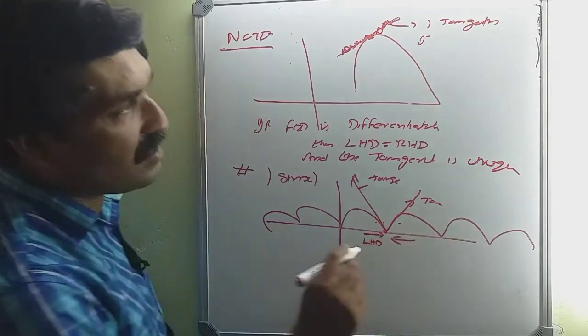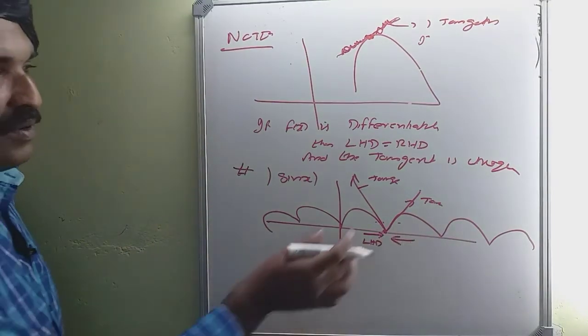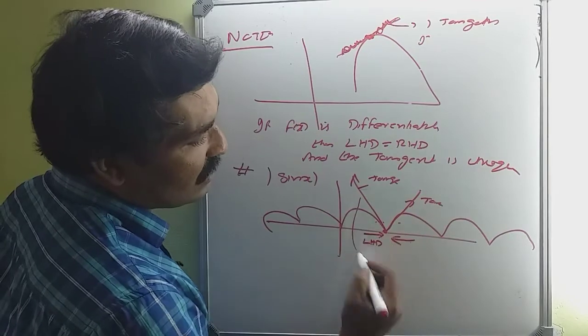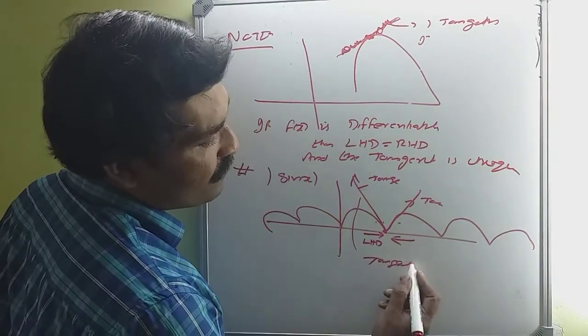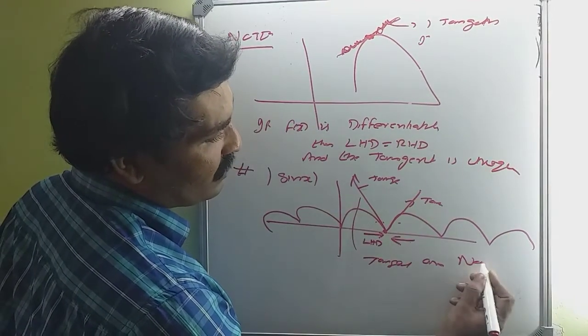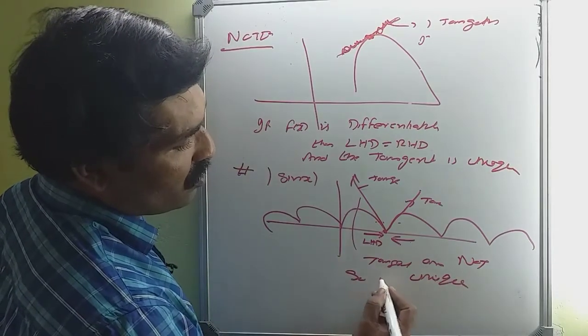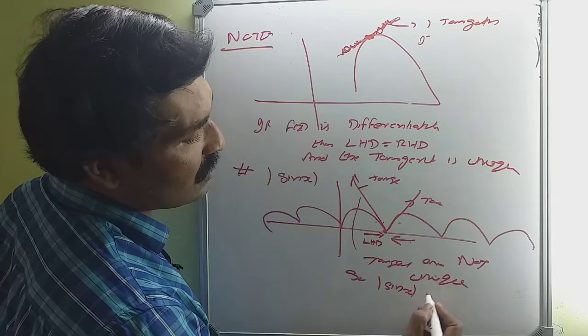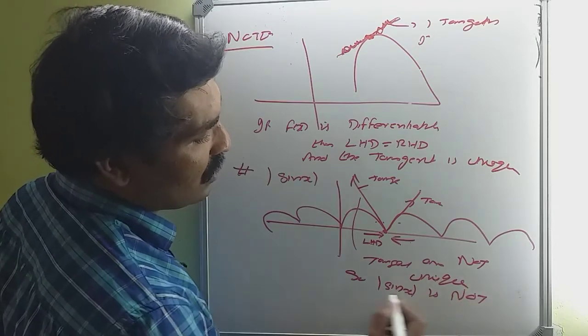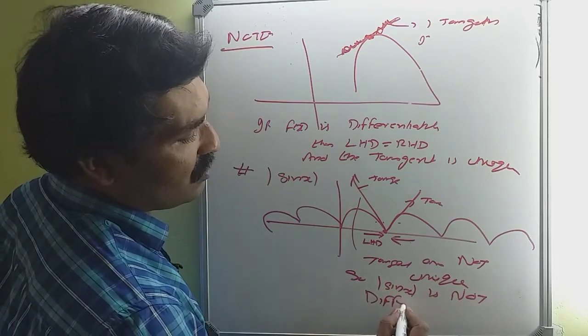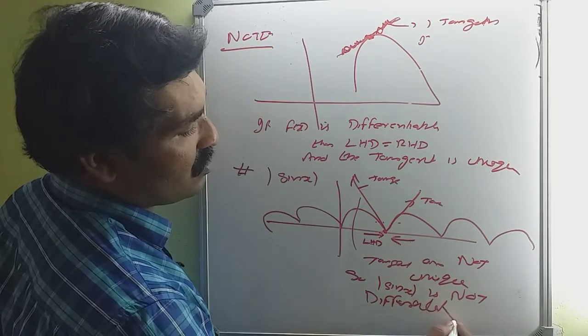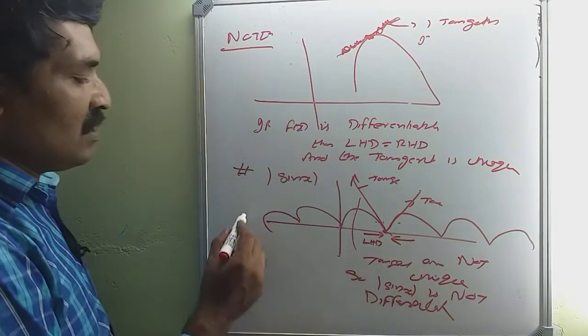So these tangents are not the same, the tangents are not unique. So mod sin x is not differentiable at this point.